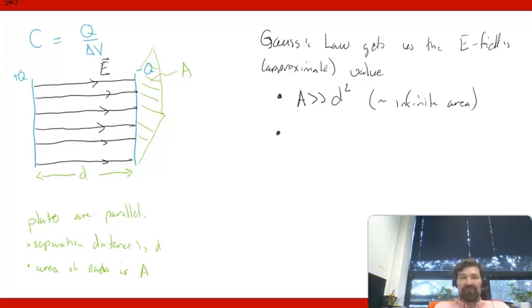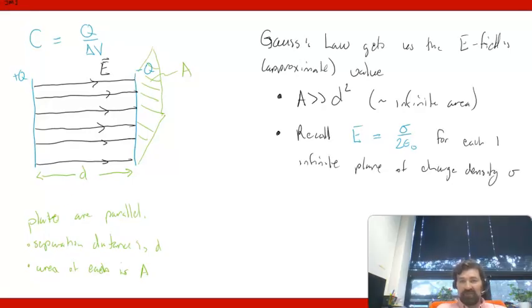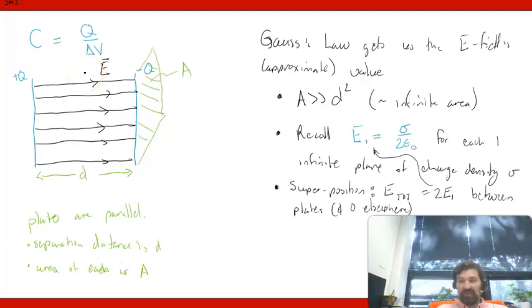Gauss's law for the infinite plane of charge is something else that you might recall from my previous video. Specifically, E is equal to sigma over 2 epsilon naught for each plane of charge. Superposition means we can double that in between the plates, and then 0 anywhere else for the E field.